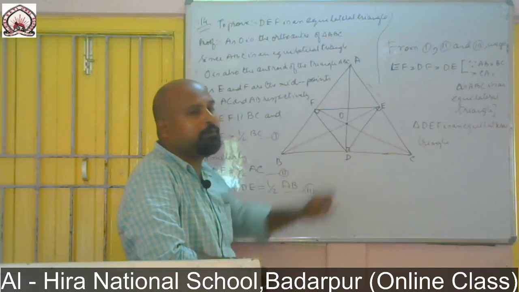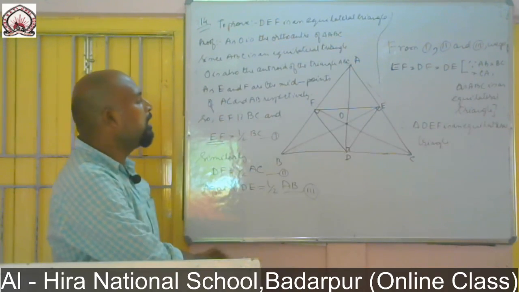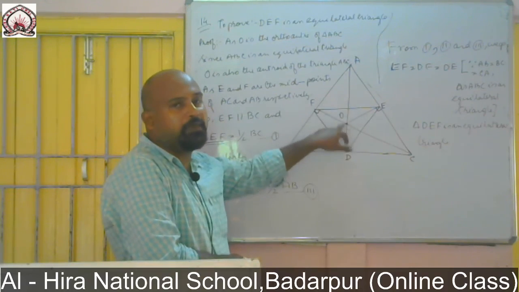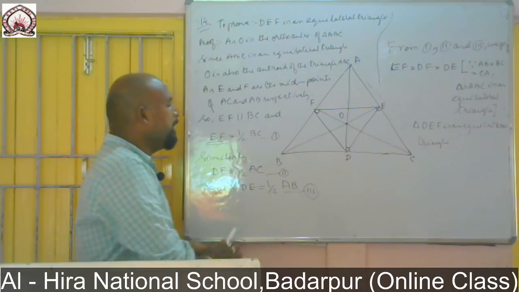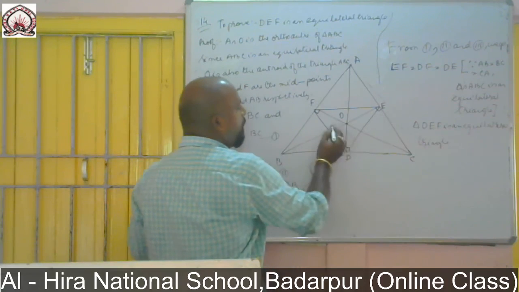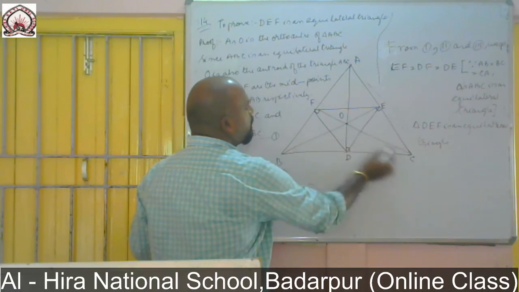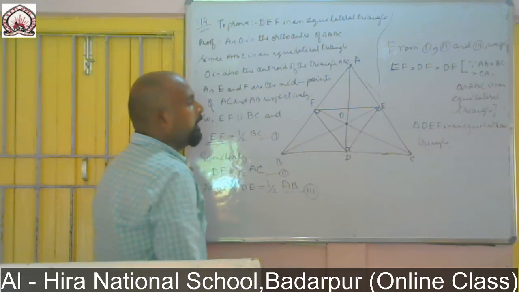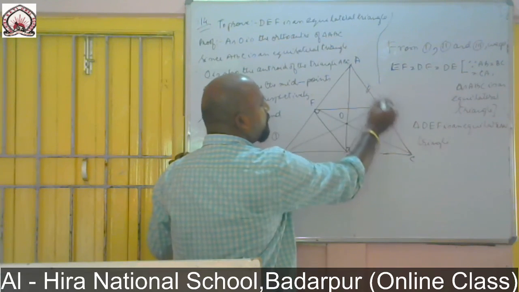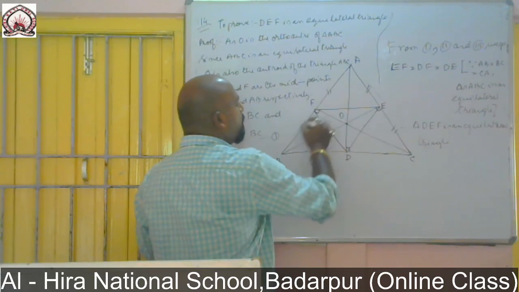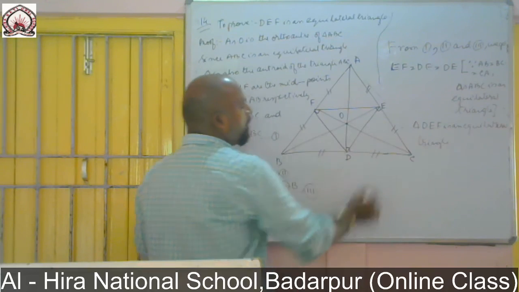Since it is an equilateral triangle, the orthocenter is also the centroid of the triangle. Then the lines AD, BE and CF will act as medians. So this length will be equal to this length, and this length will be equal to this length.